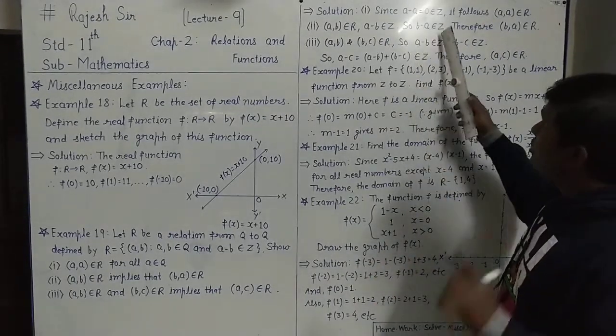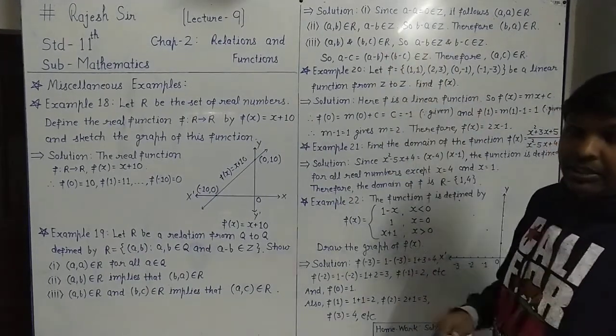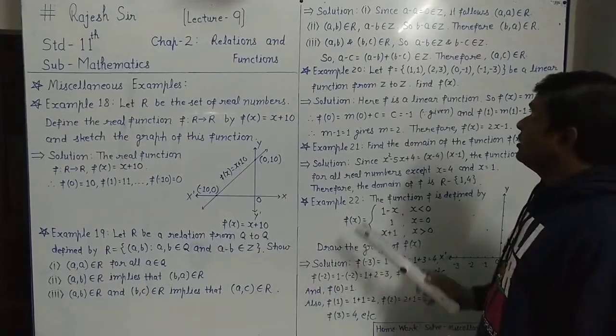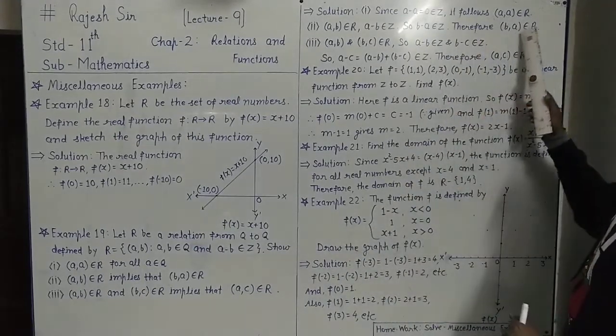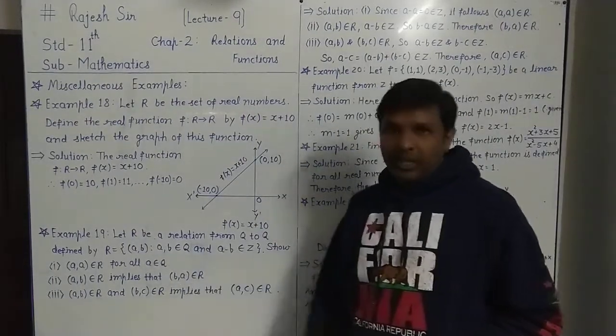So b minus a also belongs to Z. If a minus b belongs to Z, b minus a will also belong to Z. So we can say therefore (b, a) also belongs to R. (b, a) is also in the relation.